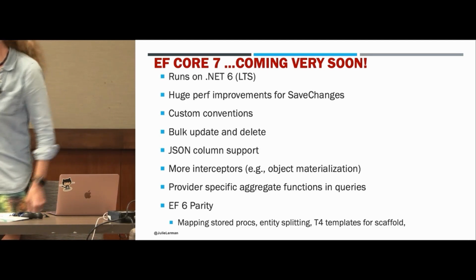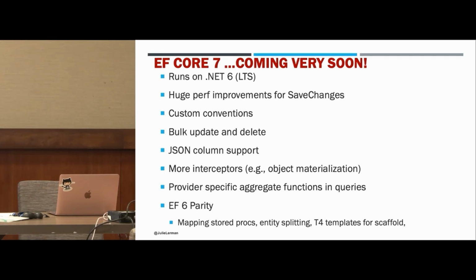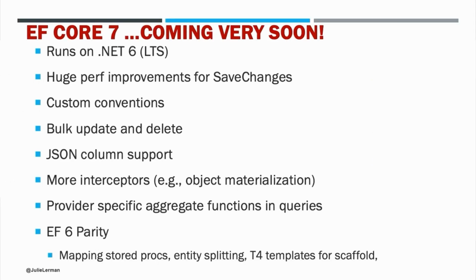I'm just going to say this one last quick list of EF7, which is some things to look ahead to with EF Core 7. Big improvements for SaveChanges are coming. Custom conventions, which is really going to be helpful even beyond those bulk configurations. Bulk update and delete, we've been asking for that for years. JSON column support, a really important feature.